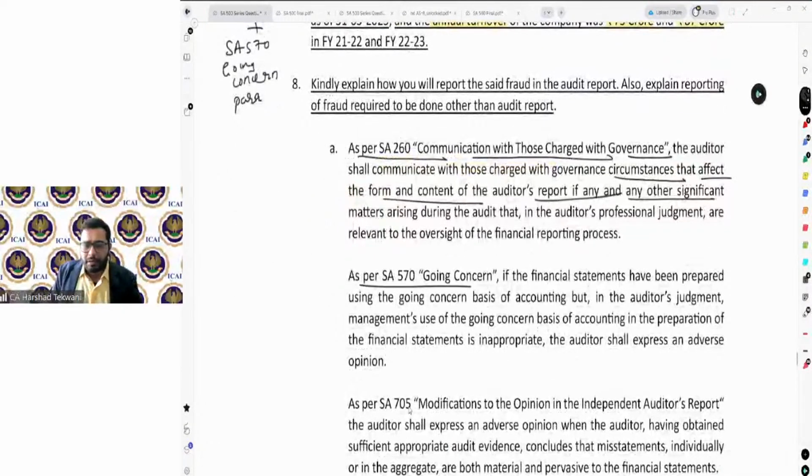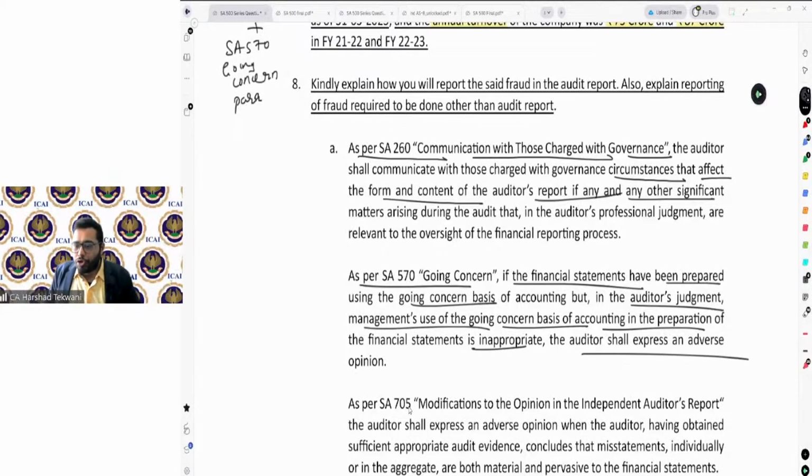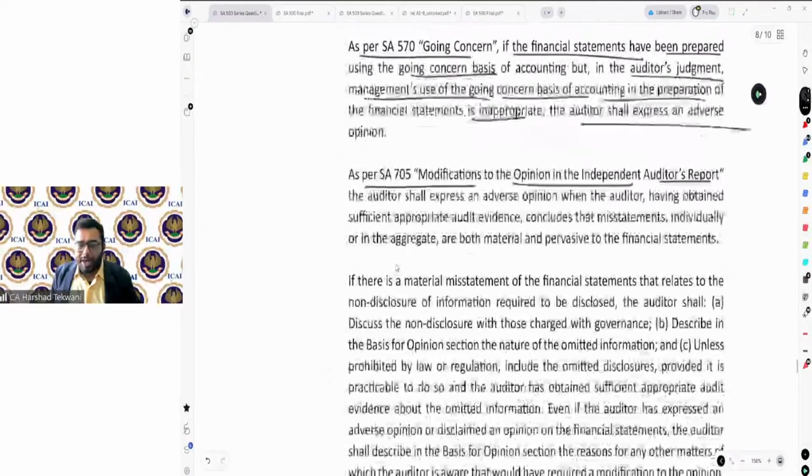SA 570 going concern, where if the financial statement has been prepared on the going concern basis, but in the auditor's judgment, management's use of the going concern basis of accounting in preparation is inappropriate, I need to issue an adverse opinion. If I issue an adverse opinion, SA 705, accordingly, I need to provide the details like modification, adverse opinion, basis of adverse opinion.